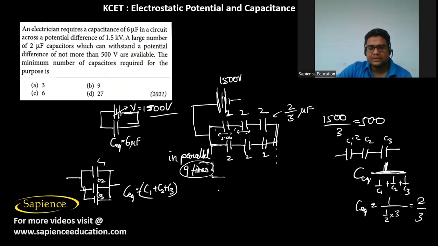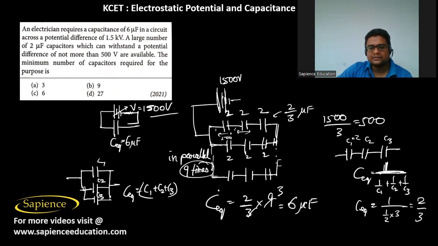If we connect these groups of 3 capacitors in parallel, then the equivalent capacitance in this case will come as 2 by 3 into 9, which will give me 3 3s are 9, that is 2 3s are 6 microfarad.